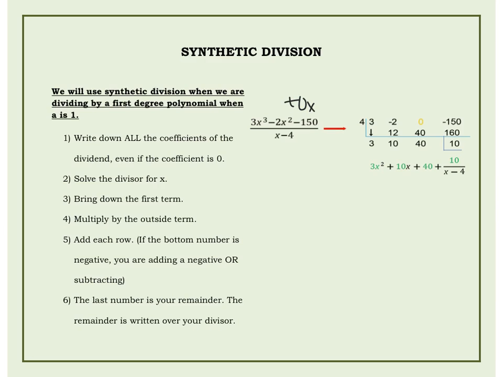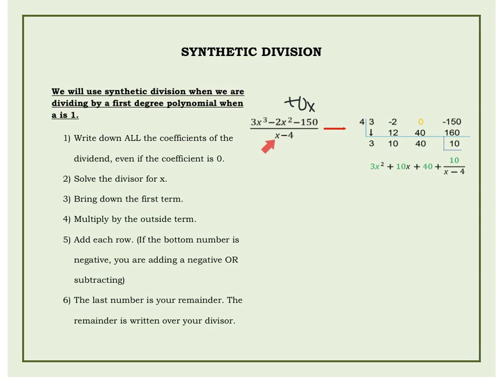So descending order means we start at the highest exponent and we write down our coefficients: 3, negative 2, 0, and negative 150, which are the numbers that we put inside here. I showed my 0 in yellow because you have to have every single term in descending order from your highest to your constant at the end. Okay? So that's the first step, to write down all of these numbers.